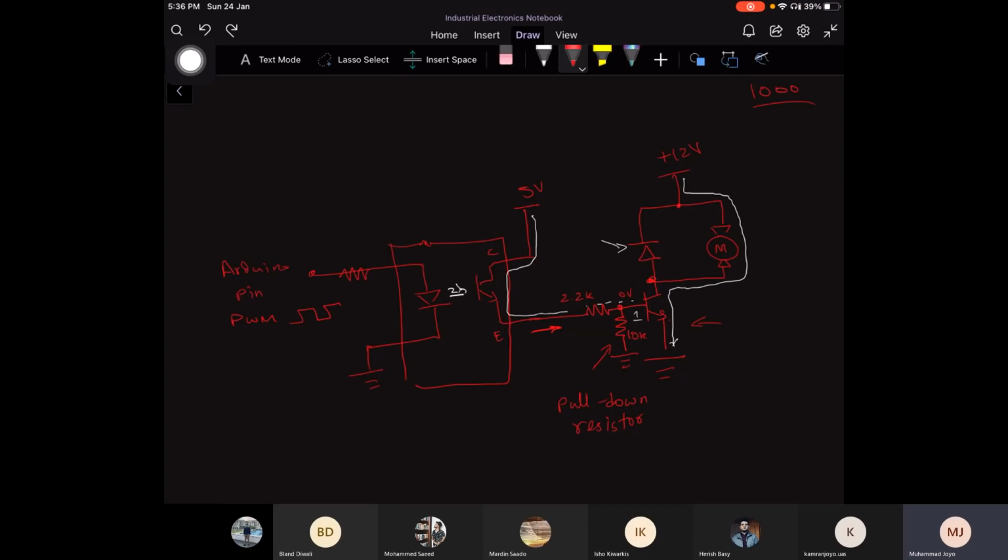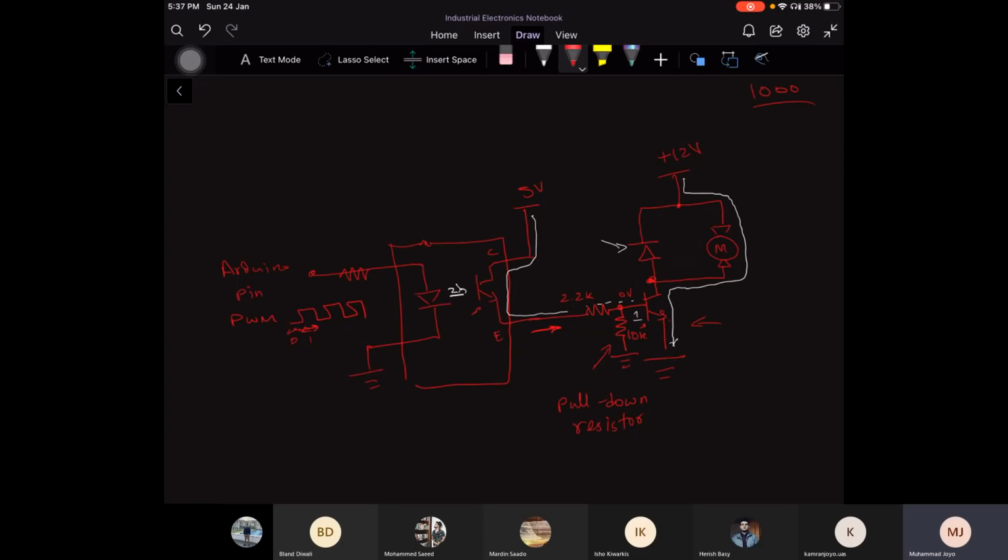So what will be happening over here? For this amount of time, this transistor will be off, and this transistor will be off also, and the motor will be off also. But for this amount of time, the transistor will be on.